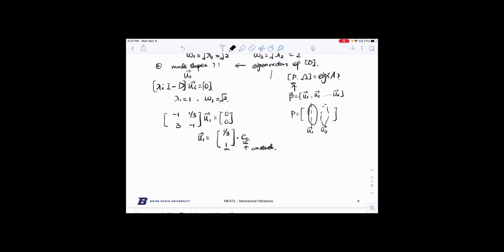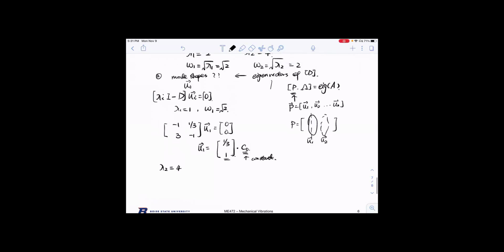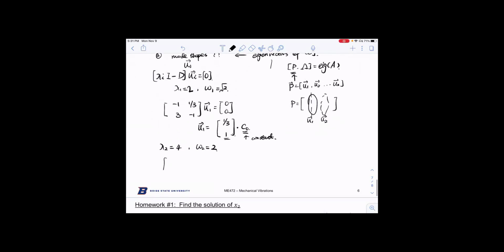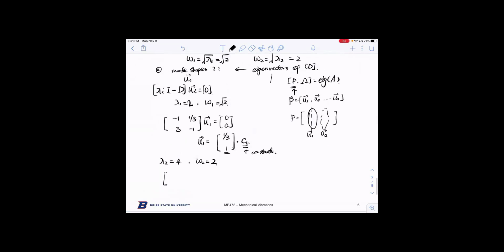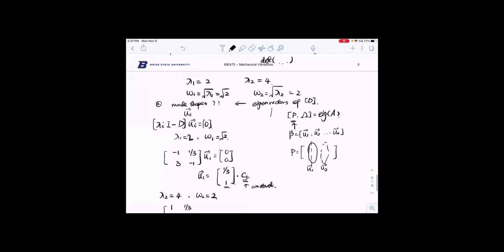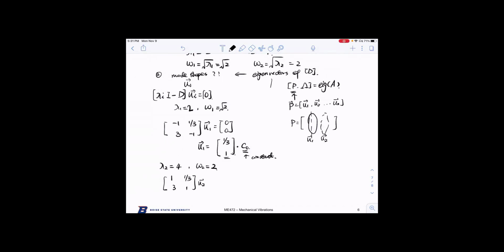All right, similarly, you can plug in lambda 2 equals 4. Oh, I think I had a typo here. Then you have omega 2 equals 2. In this case, you just plug lambda back in. You have [1, -1/3; -3, 1] times U2 equals [0; 0].